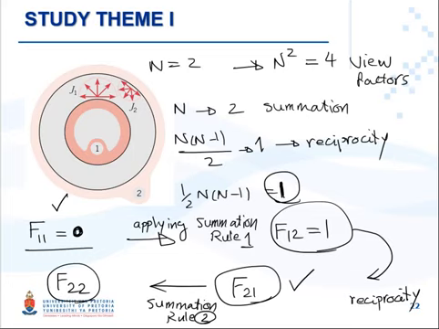So we had 1, we applied the summation rule and found the second one, we applied reciprocity and found the third one, we applied the summation rule and found the fourth one. Sometimes for the start point you need to use a self-view factor.